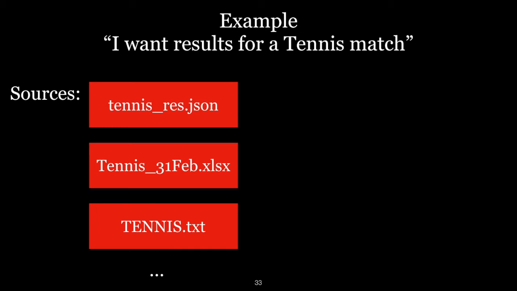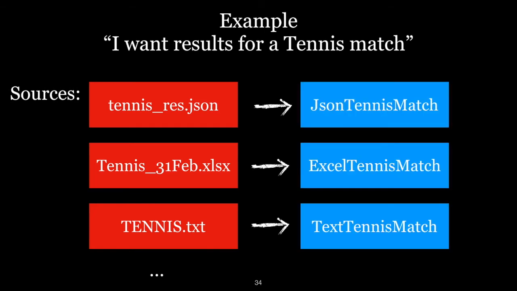All of these could contain the same results for the same tennis match, but they are modeled in different ways. So when you want the results for a tennis match, you would typically have different classes that could represent the data you get from a JSON or from an Excel sheet or from a text file.